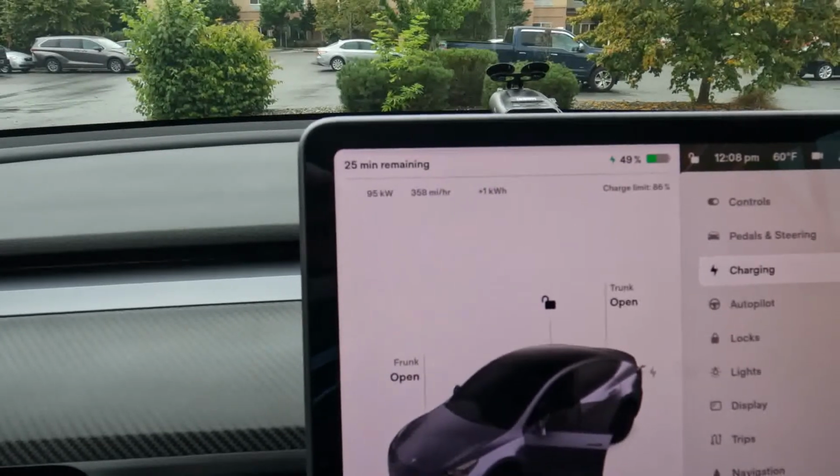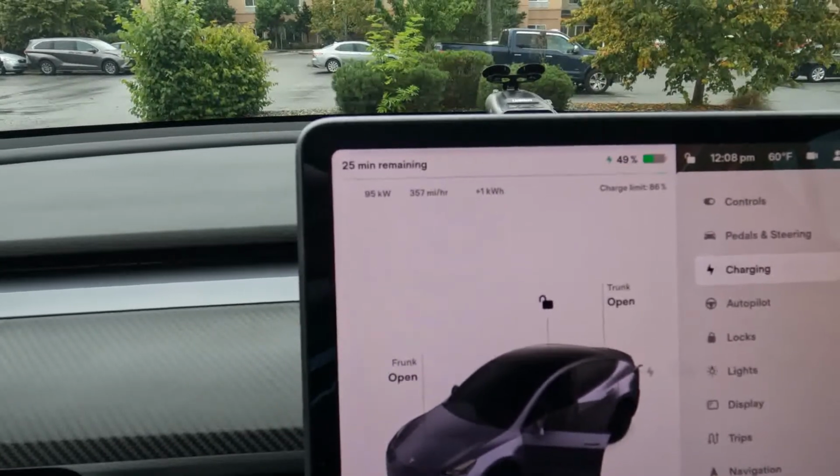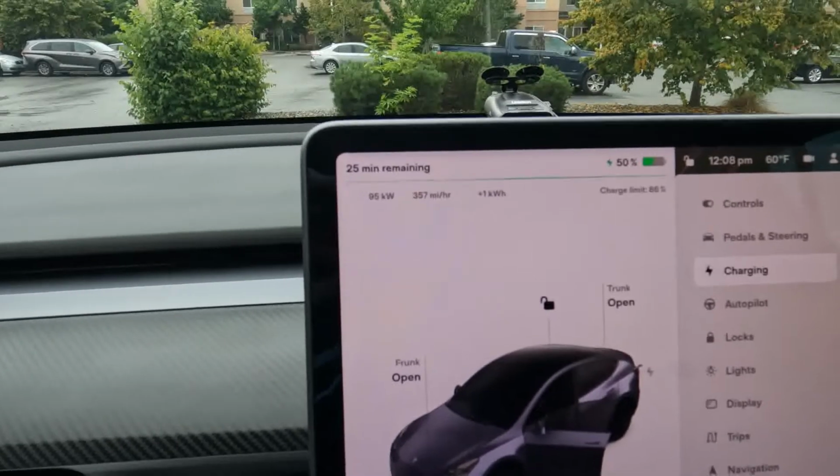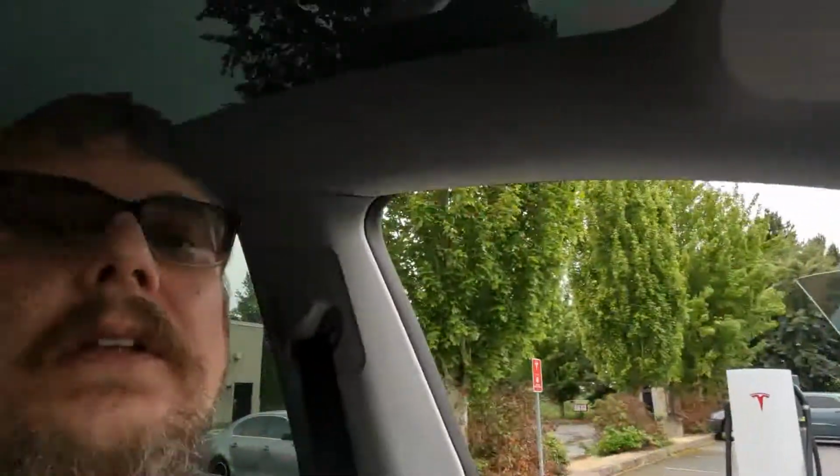So much, much, much faster, folks, much faster. So we're going to go ahead and disconnect, and we're going to move on down the line, and I'm going to show you now what CCS, or the non-Tesla DC fast charging, looks like. So join me on the next trip as we head over to an EV Go or an Electrify America. All right.